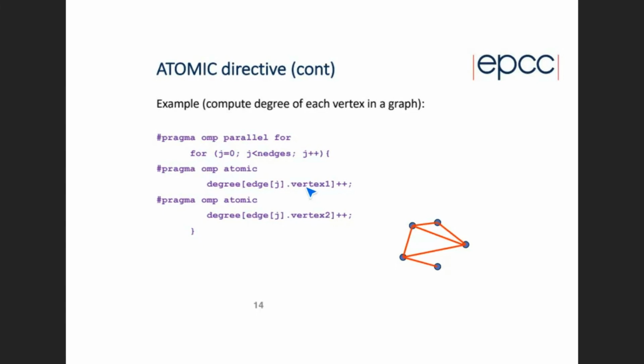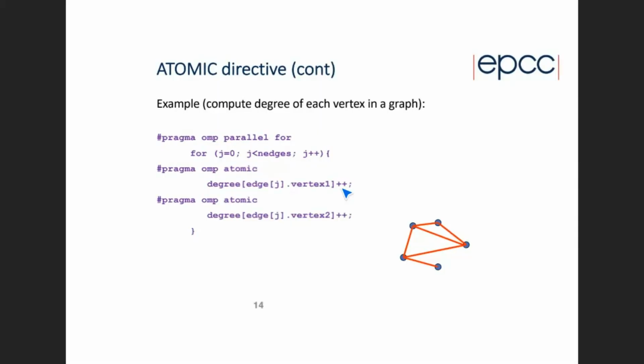I use that value to index the array of degrees, and then increment it. Then I do the same thing for the vertex at the other end of the edge. At the end of that, I will end up with the degree counts for all the vertices.